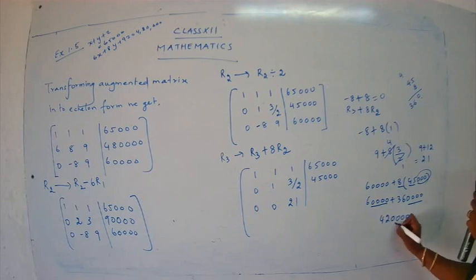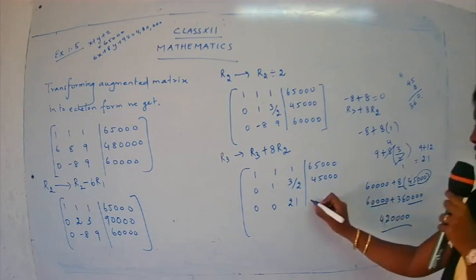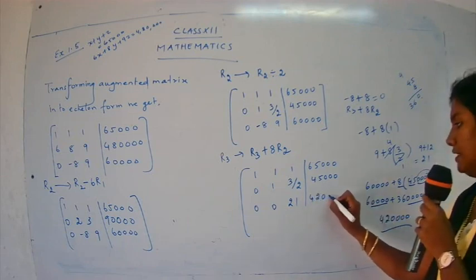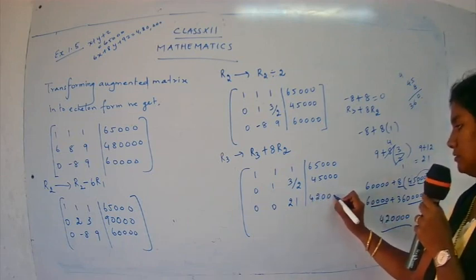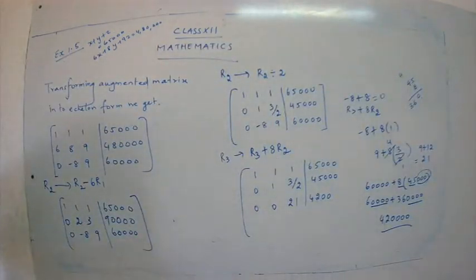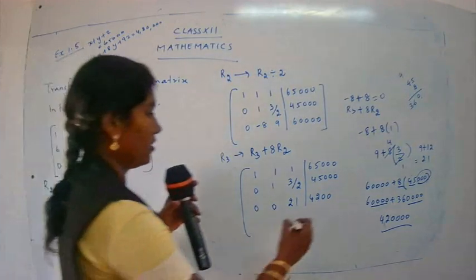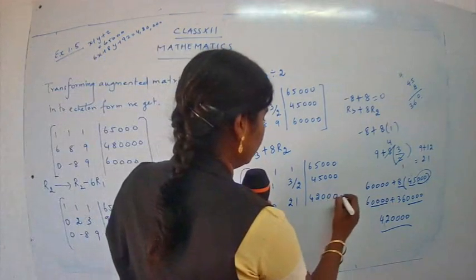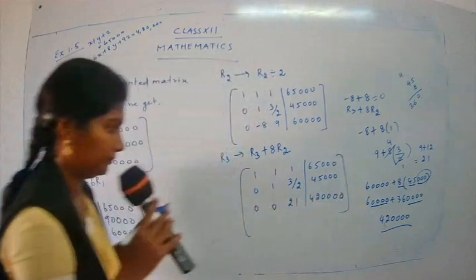So 4,20,000. So put here 4,20,000. One more zero, yes. So we have done.